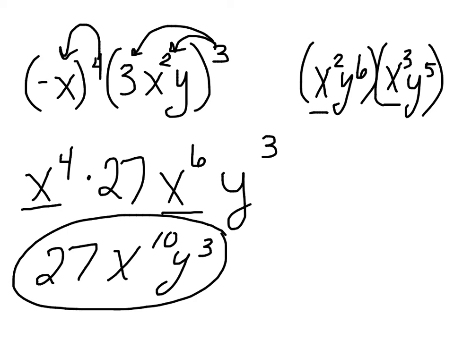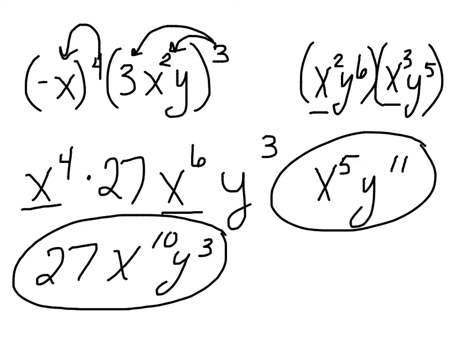I have 2 in the front, 3 in the back, for a grand total of 5. For the y's, I have 6 in the front, 5 in the back. How many would I have total? 11. And that would be my answer.